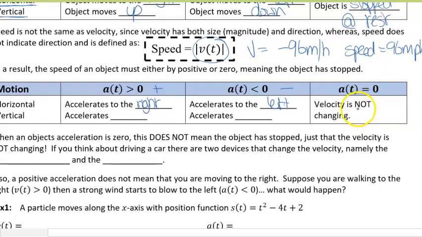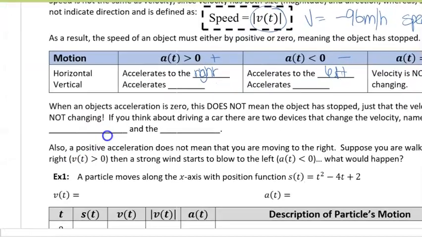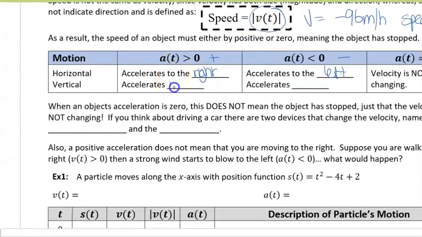So it doesn't mean that the particle is not moving. It has a velocity, let's say a constant velocity, in terms of a car, of 80 miles per hour. If it's constant, then there's no acceleration because it's not increasing, or there's a negative acceleration, or decreasing. In terms of vertical, it's going to be up, accelerates upward, or accelerates downward.